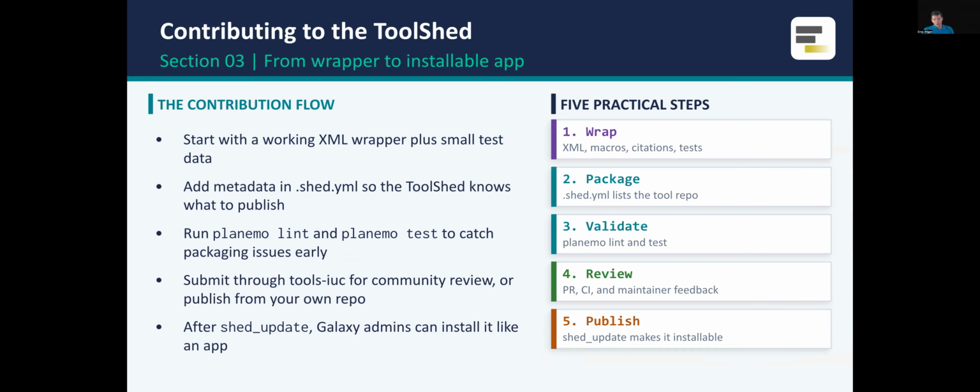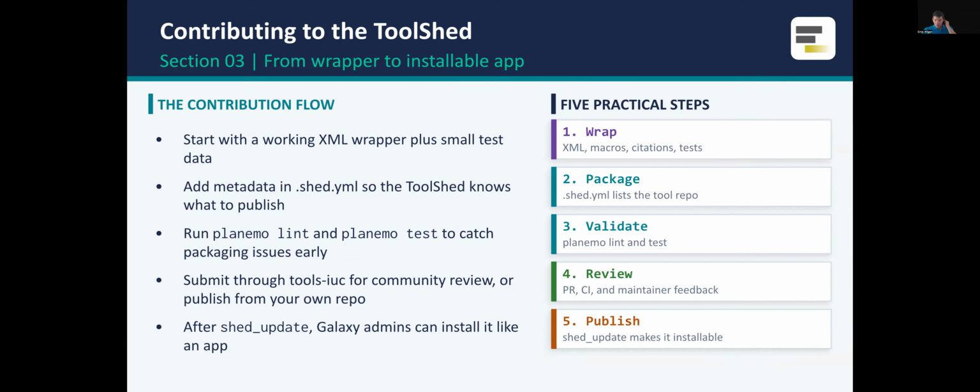So we'll go through the process of getting a tool in the toolshed. It starts off by creating this XML wrapper and then creating a descriptive file called shed.yaml. That tells the toolshed how to publish it, and then there's an SDK that helps us get through this process.